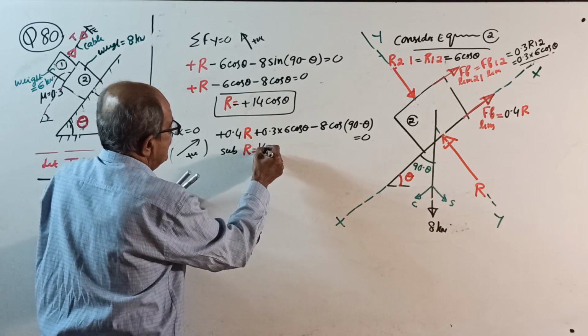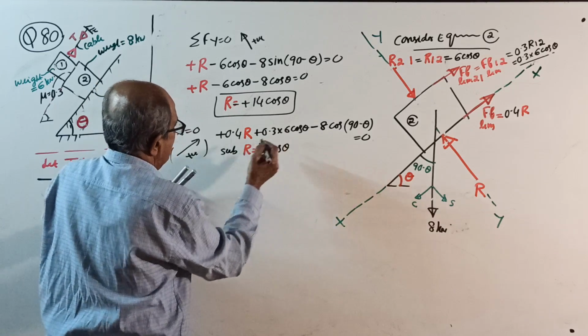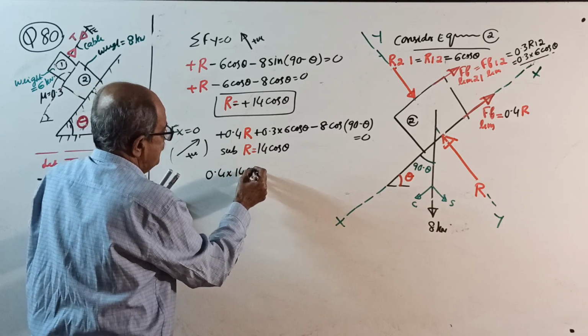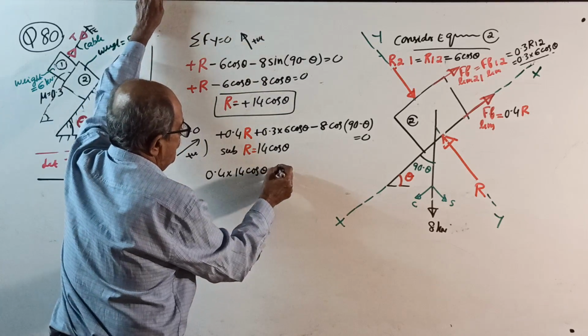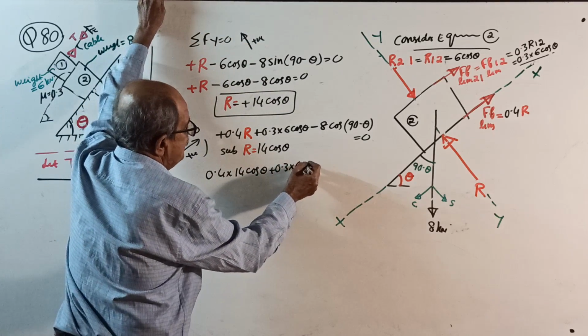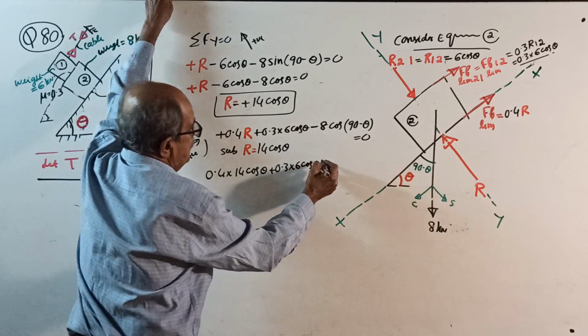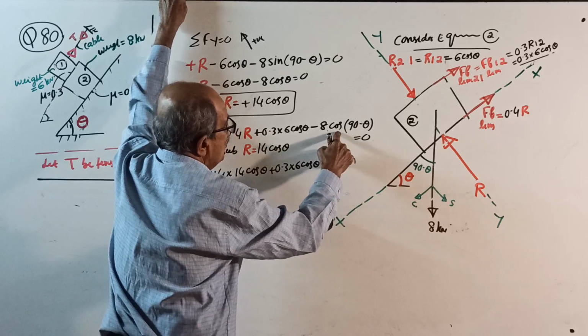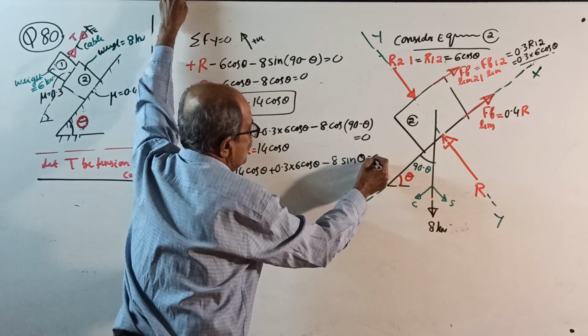14 cos theta. You get 0.4 into 14 cos theta plus 0.3 into 6 cos theta, then minus 8 into sin theta, since cos of 90 minus theta is sin theta, equal to 0.